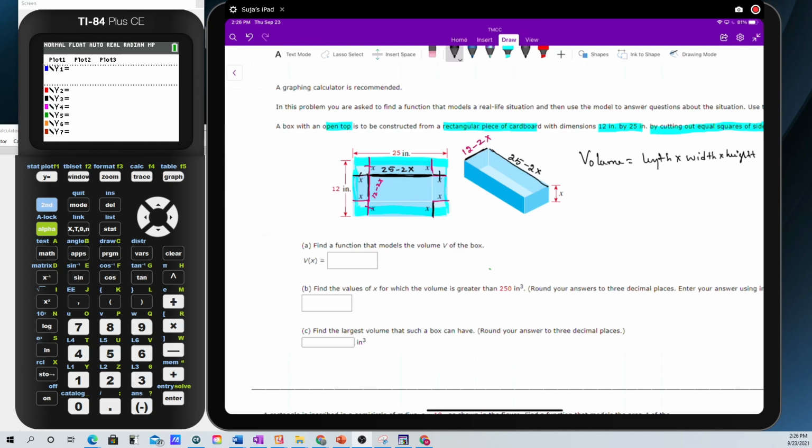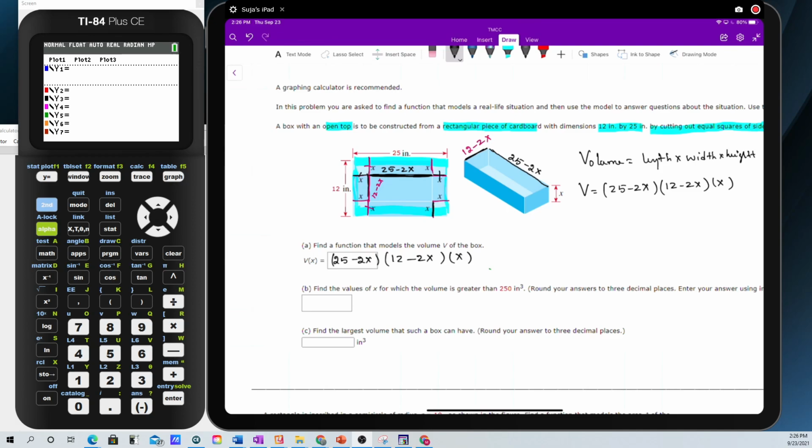So V is equal to the length, 25 minus 2x, multiplied by the width, 12 minus 2x, and multiplied by the height x. This will give me the volume, and this is what the function is. Yes, the answer is (25 minus 2x)(12 minus 2x)(x).